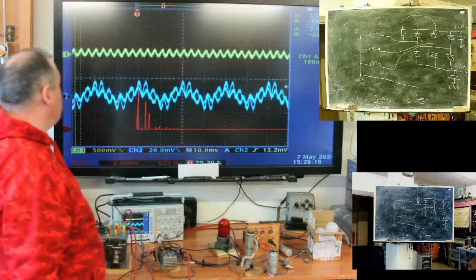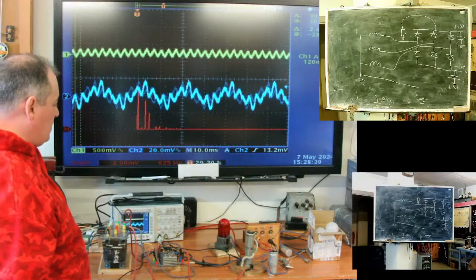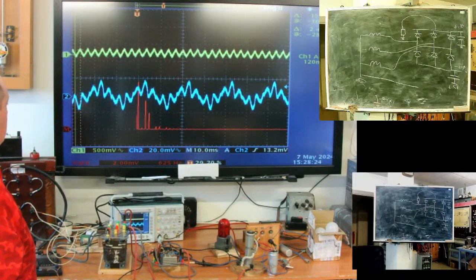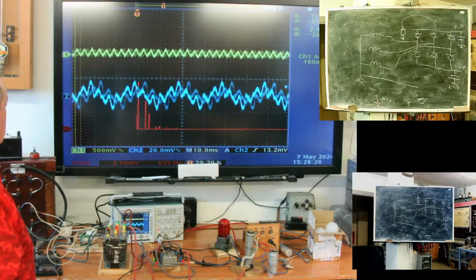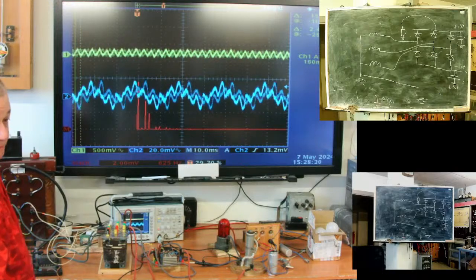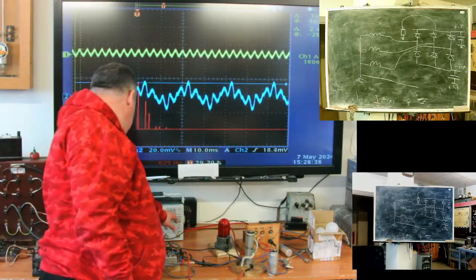Very little. Here is the phase current when I connect delta. See, that's the moment. Third harmonics do not exist in line voltage.